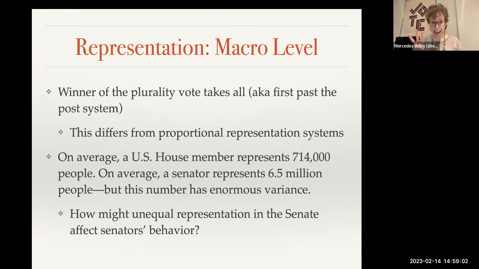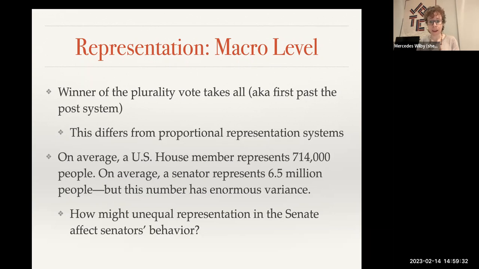So if there's 3 candidates running and they divide the vote almost evenly, with 2 candidates getting 33% each, and the third candidate getting the remaining 34% of the vote, that person with 34% of the vote, barely more than the third, wins because they got more votes than anyone else. They won the plurality. So that's all we mean, that the winner takes all, and the winner is just the person who got the most votes.